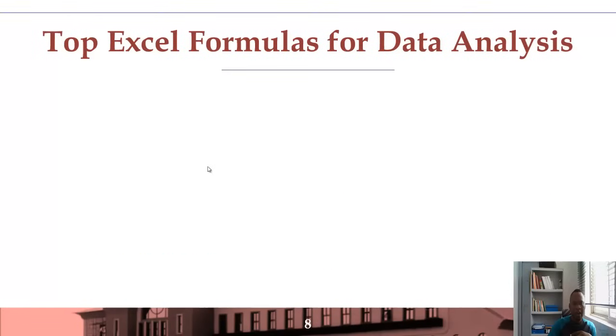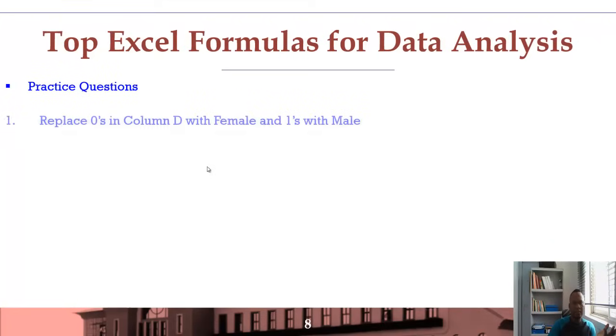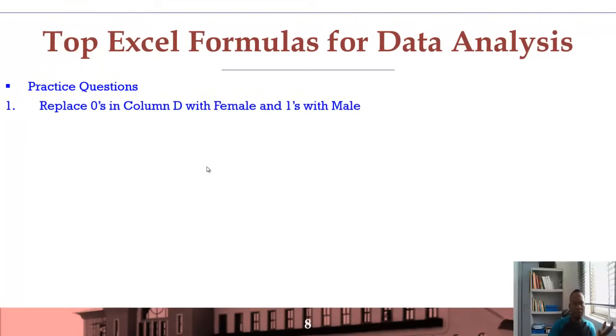So now, I've come up with different questions we use to evaluate this IF function. For instance, in our data set, replace zeros in column D with female and ones in column D with male. So how do we want to achieve this?